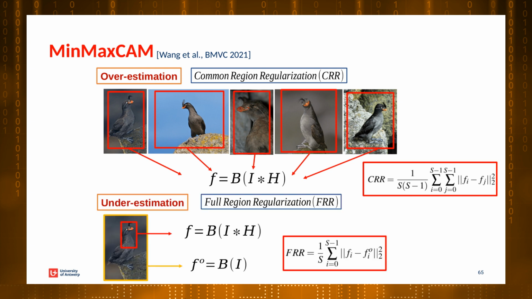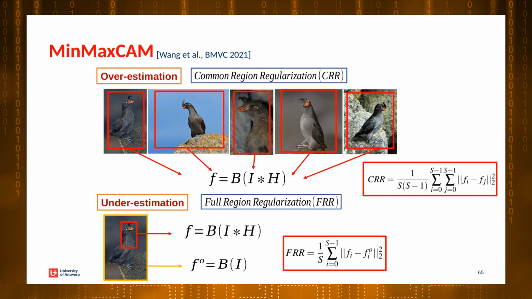We do something a bit different for the case of underestimation. And here the idea is that if my image is supposed to be of a given object category, the representation of the full image should be similar to the representation that the heat map of the given category highlights.